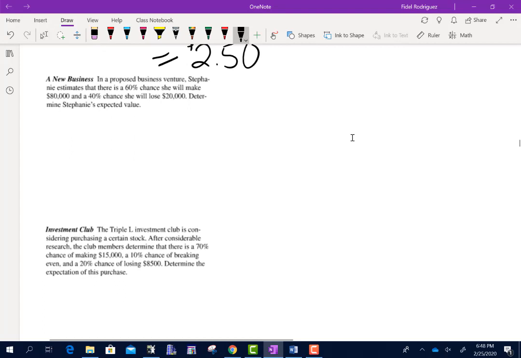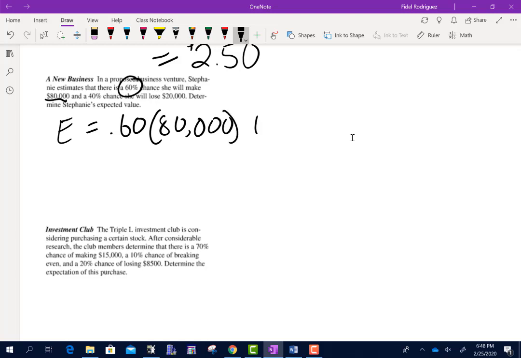Okay, let's take a look. It says new business. In a proposed business venture, Stephanie estimates that there's a 60% chance she's going to make $80,000 and a 40% chance that she's going to lose $20,000. Determine Stephanie's expected value. Okay, let's figure this out. 60% chance, 0.60, she's going to make $80,000. That's a profit of $80,000.